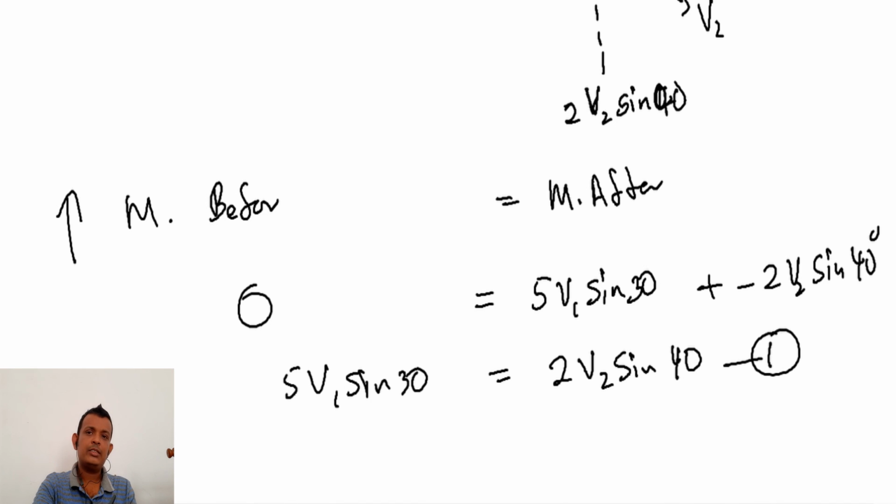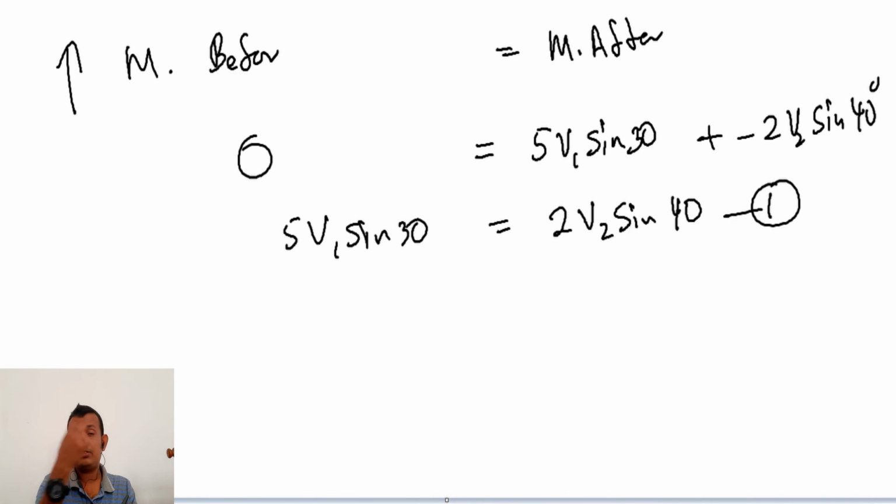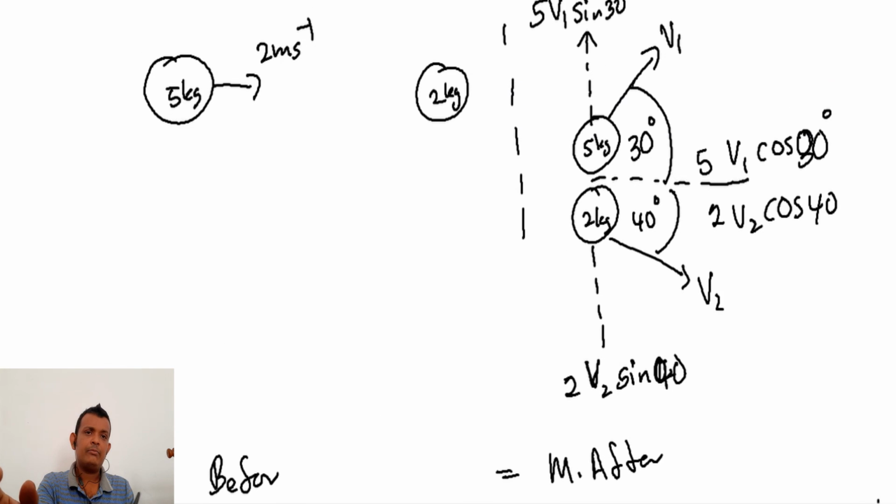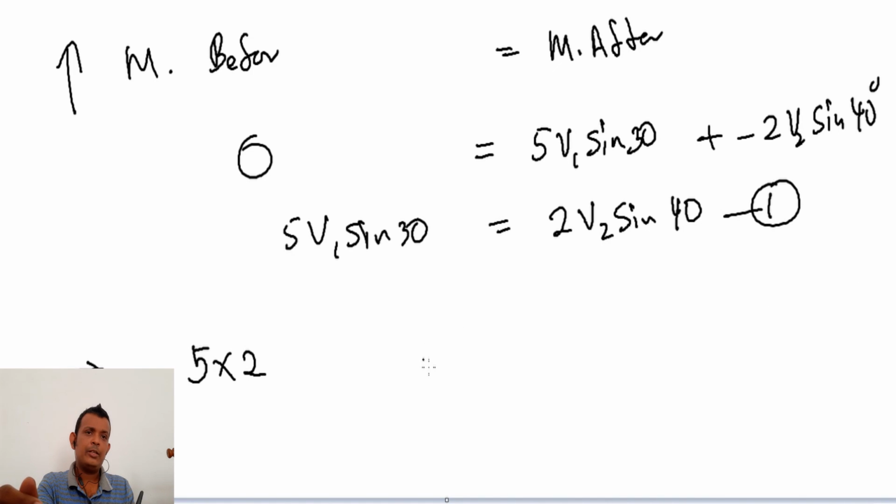Let's consider the horizontal one. Initially the momentum was 5 into 2, which is 10. Finally we have 5 v1 cos 30 plus 2 v2 cos 40.